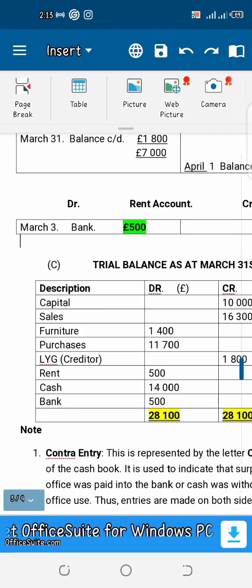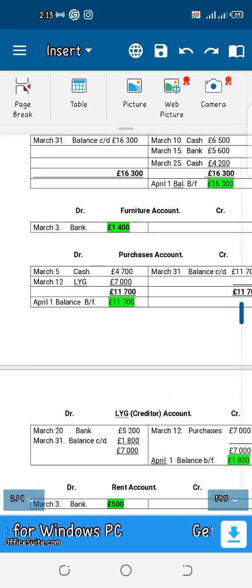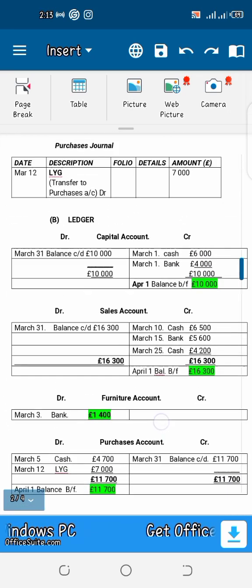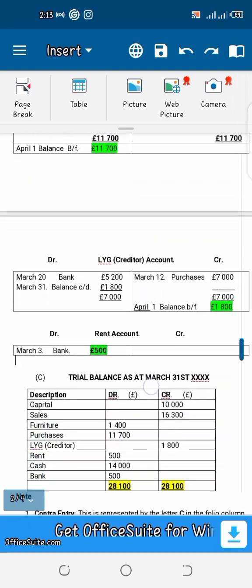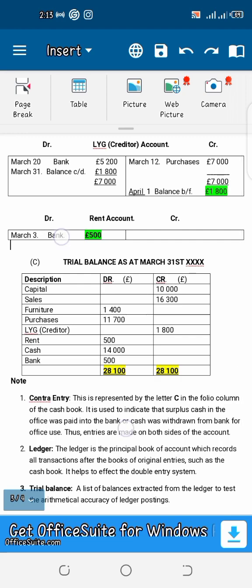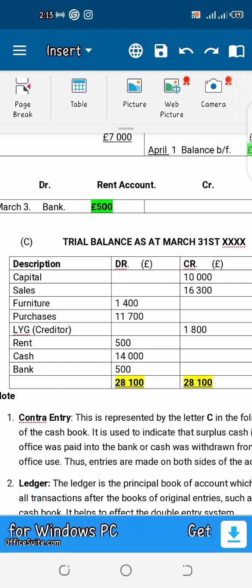So at the end of our discussion for today. Next time we are going to prepare what is called the final account. We can use the trial balance to prepare the final account. Final account includes the trading and profit and loss account, which is also called income statement.